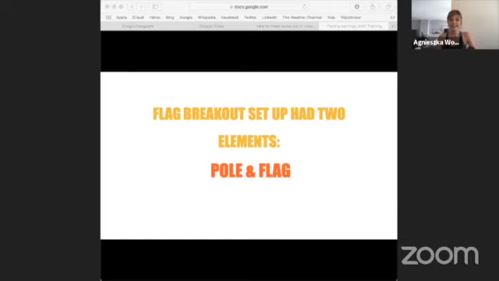The flag is really a flag-shaped consolidation. This is a very easy thing to spot, because all you need to look for is a green pole and then a flag pattern. And I'm going to show you some of them.